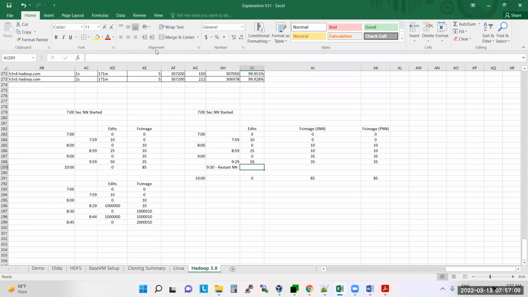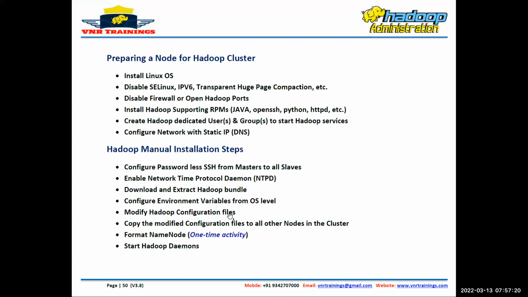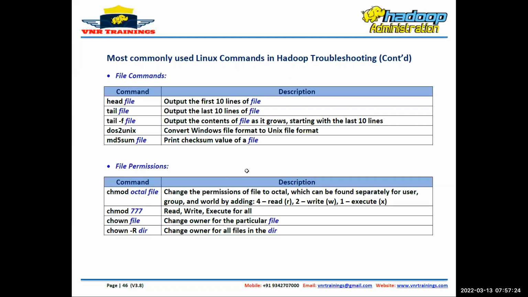The name node will do checkpointing automatically. The name node also performs checkpoint during its startup. So now, when you are restarting, what will happen in this scenario?